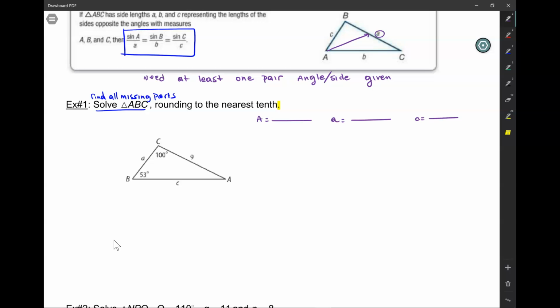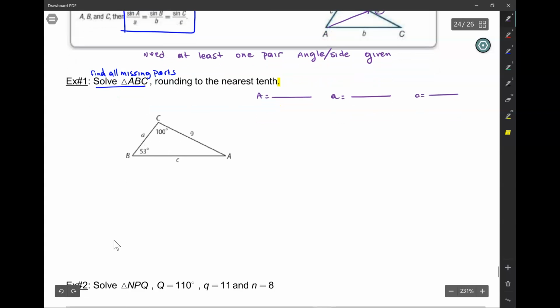Now, you have to see, is there one pair where angle and side are given to you? The B's. You have angle and side both given to you, so you start with those, and then you need at least one other pair with one given.